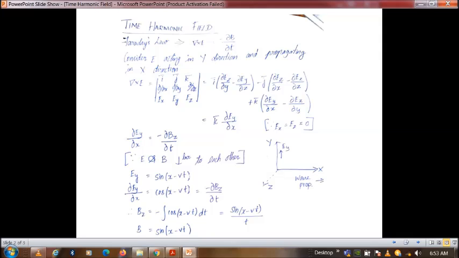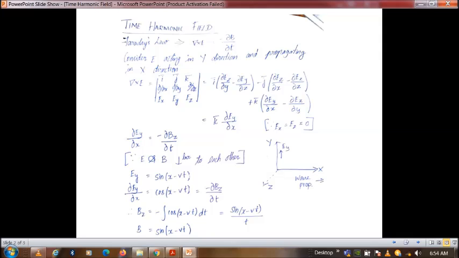Here the wave propagates in the X direction, as shown in the graph, and the Ey component is sinusoidal in nature. E and B are perpendicular to each other. On differentiating Ey with respect to x, dou Ey by dou x will be cos(x minus Vt).